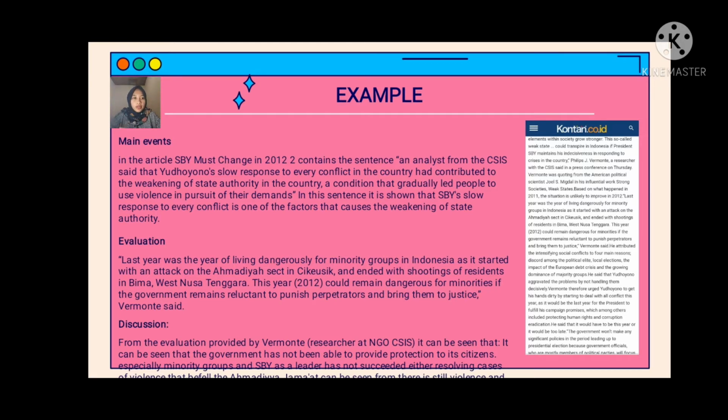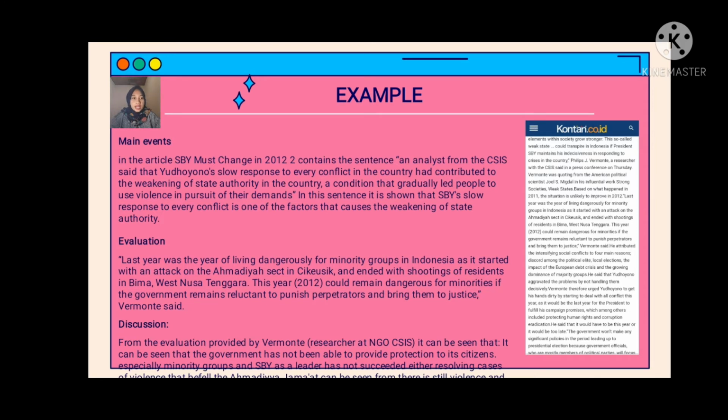Thus, the details show the failure of the state to protect its citizens from attacks or violence committed by certain groups, and this can be seen from the violence that continues to occur against religious groups. This detail gives rise to a negative representation of the government, which indirectly also leads to SBA, because SBA as a leader cannot act decisively against his officers to protect citizens from violence.